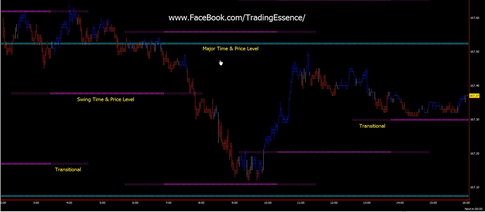I could go all the way down the line with all of the different software indicators that are in those packages, because they're not. The big boys are not looking at that. The big boys are looking at time and they are looking at how it interacts with price. So time is always the determining factor.